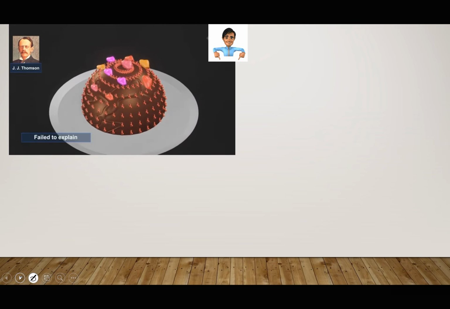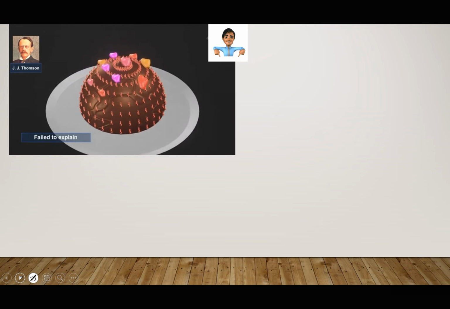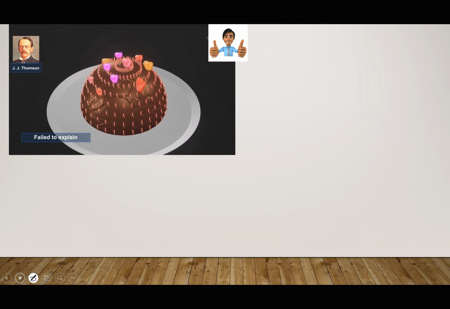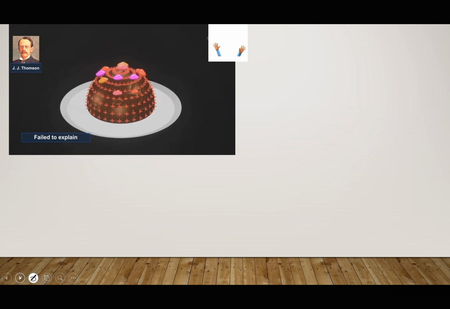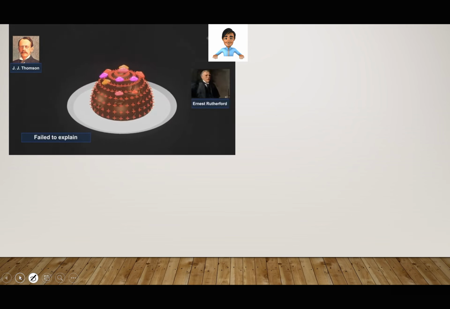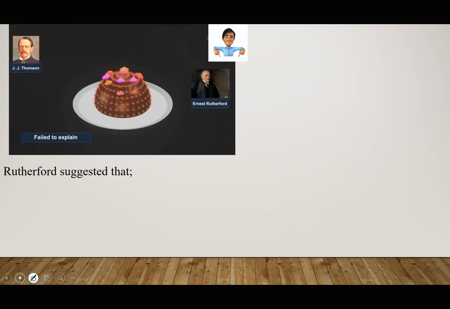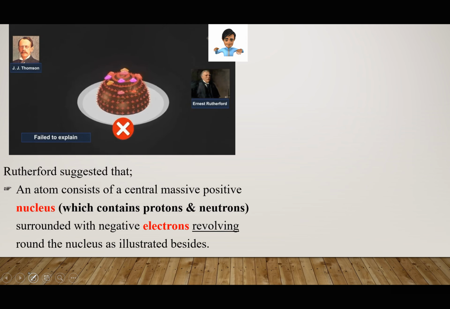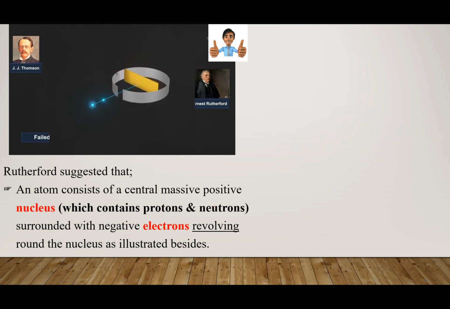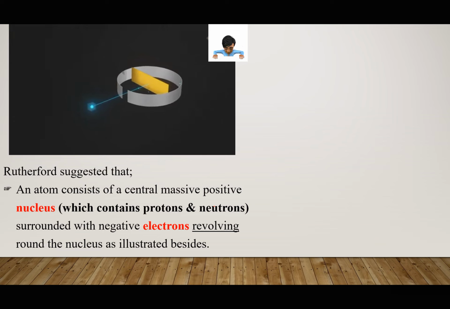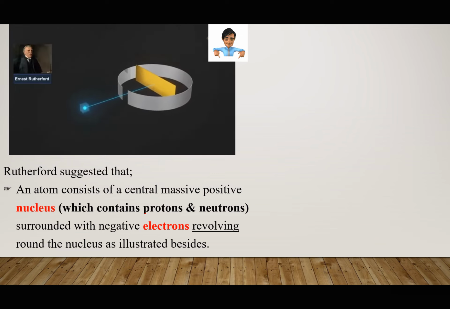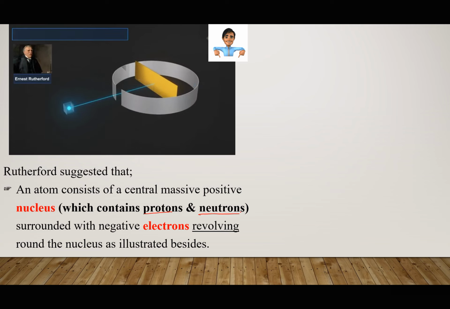After Rutherford's experiment of directing alpha particles straight into a thin gold foil, Rutherford therefore suggested that an atom consists of a central massive positive nucleus, which contains protons and neutrons.